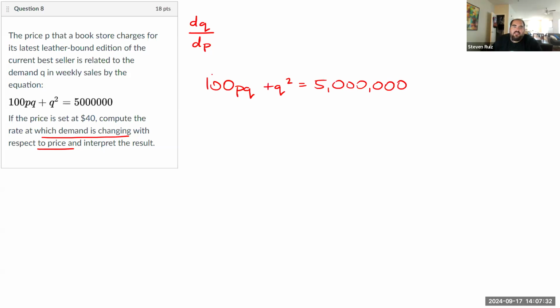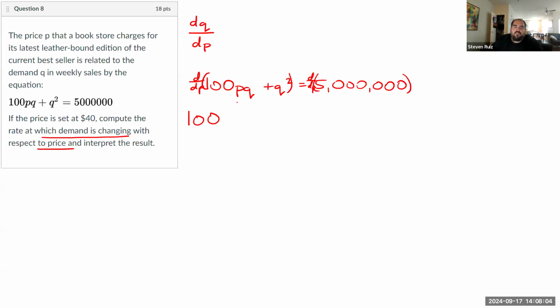And what I'm going to do here is differentiate both sides of this equation with respect to P. Let's just go term by term. 100PQ. I kind of have to treat P and Q as if they're both variable functions. So because of that, I have to use the product rule. Let's pull out the 100 and treat this like a constant multiple. Now we're taking the derivative of PQ.